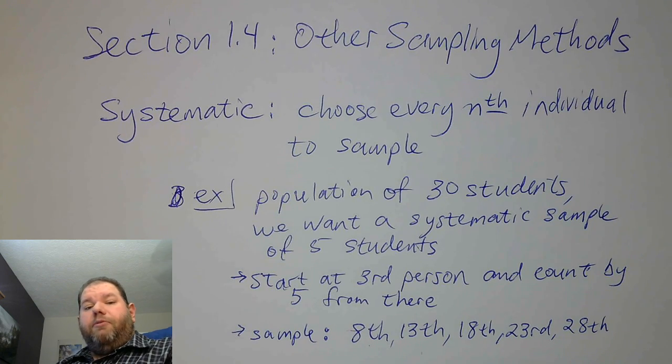If we wanted a sample of 7 students, we might count by 4s. Whatever can easily be contained by the sample size. And as you can imagine, I'm actually just dividing those numbers together to figure that out. 30 divided by 5 actually gives us 6, so I could have counted by 6s, but if we're starting from the third person, that makes it a little more difficult. Anyway.